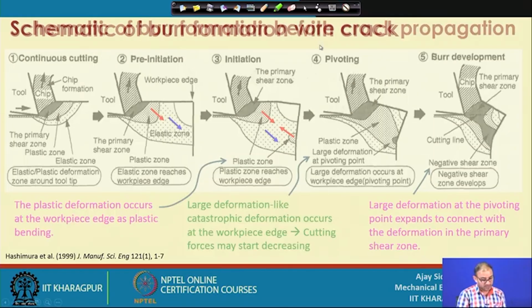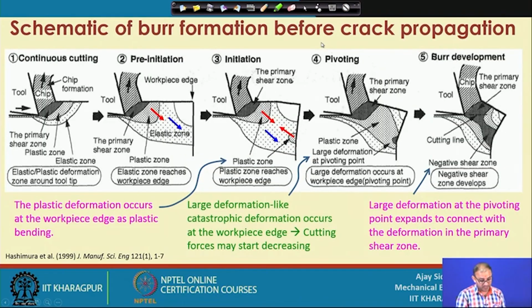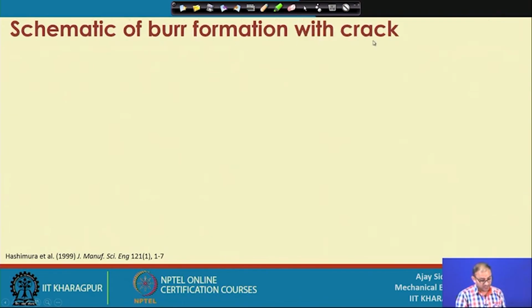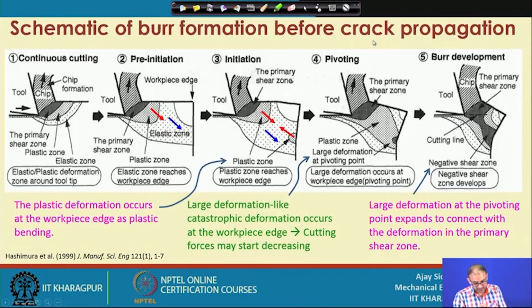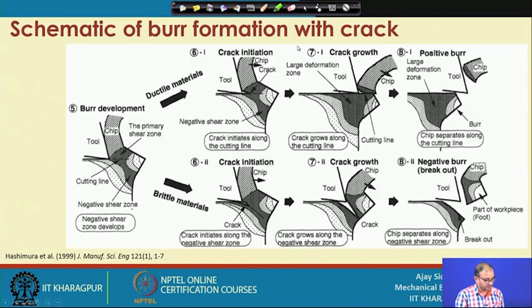The earlier slide was before the crack propagation, and this one is with crack propagation. Let us take this image again to the next slide so we can understand. This is the earlier figure that has been created here.